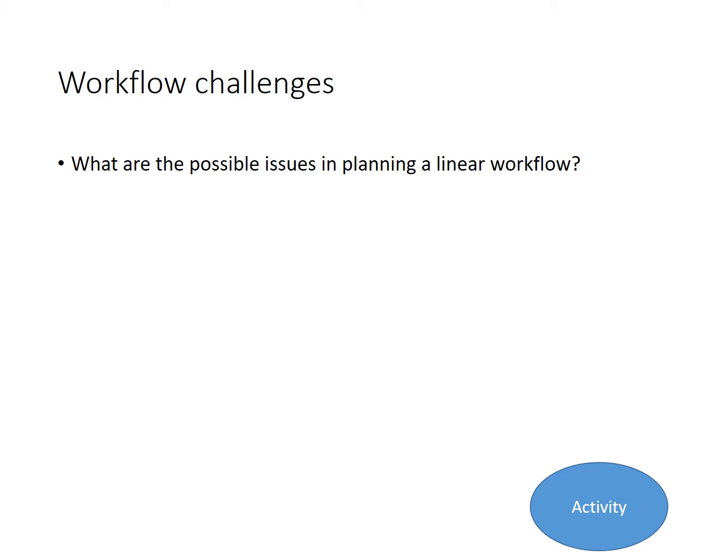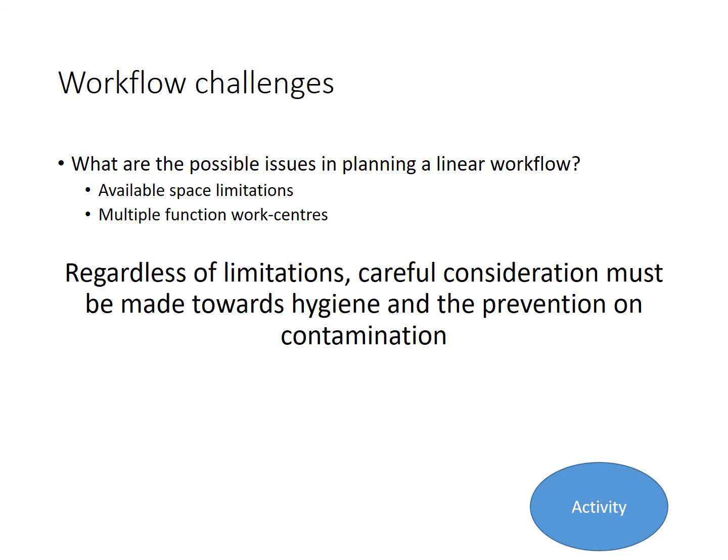Workflow challenges. What are the possible issues in planning a linear workflow? These include available space limitations and multiple function work centers. If you've got a multiple functional work center, there can be problems with cross-contamination, with different processes going on within that workstation, which could affect health and safety standards.